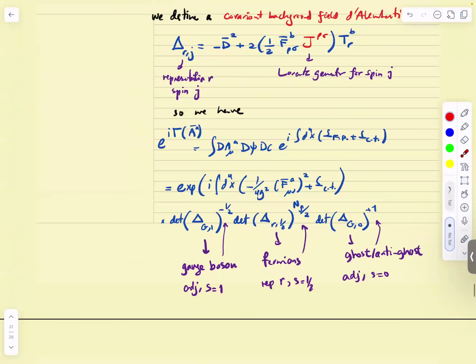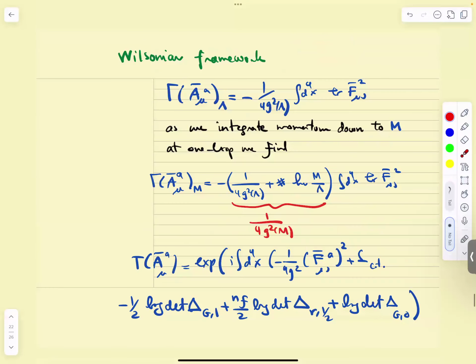So this is the one loop action. The counter terms are here. To compute the beta functions, I'm going to go to the Wilsonian framework. I try all sorts of different methods, as we do for different calculations, to provide a variety of ways of doing this calculation. It's not the only way of doing it.